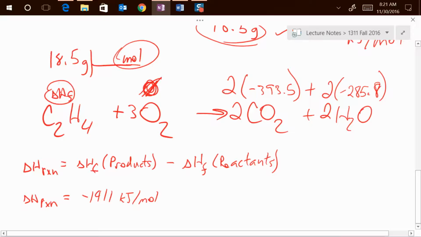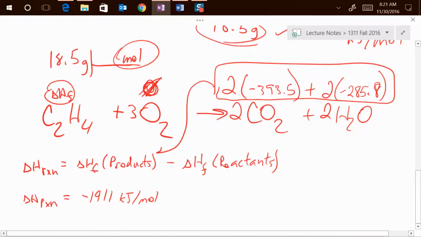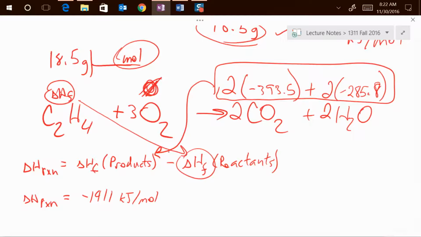Once I find this, I can plug it in right here and solve for the delta H of this. Simply, I subtract that from negative 1,411, and it will tell me the delta H of formation of C2H4.